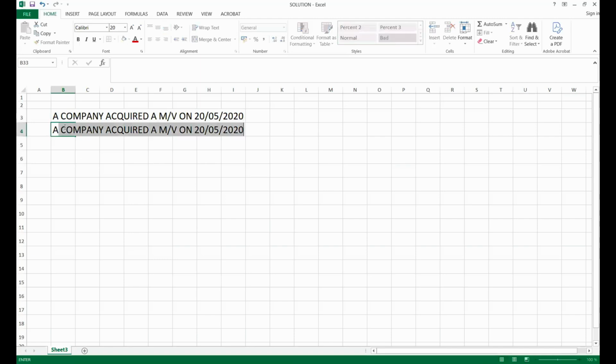We are also told that the accounting date of the company is 31st December annually. That's the company's accounting date.